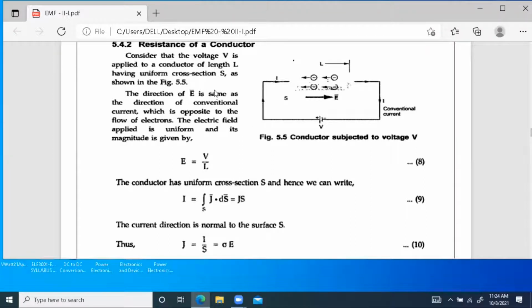The direction of E is the same as the direction of conventional current, which is opposite to the flow of electrons. So the electric field is V over L. We agree?